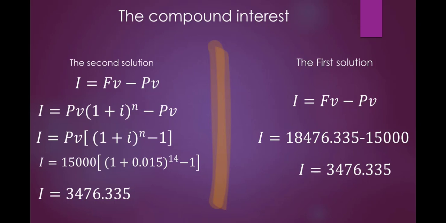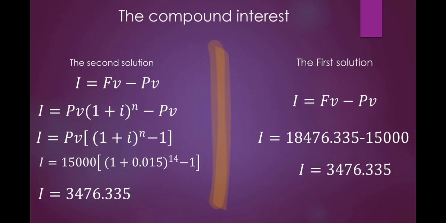I equals the future value minus the present value. So I will be equal to 18,476 minus 15,000. So I will be equal to 3,476.